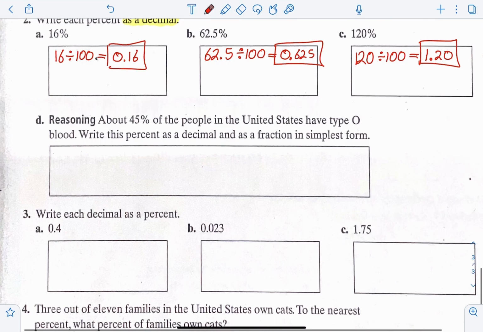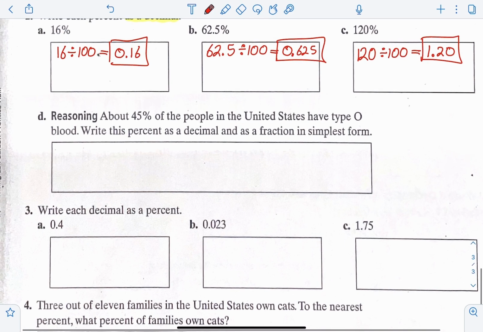Okay, about 45% of the people in the United States have type O blood. Write this percent as a decimal and as a fraction in simplest form. So you're going to take 45% to a decimal and 45% to a fraction. Okay, so basically what we've just been doing in the above ones, but you're going to have two steps.